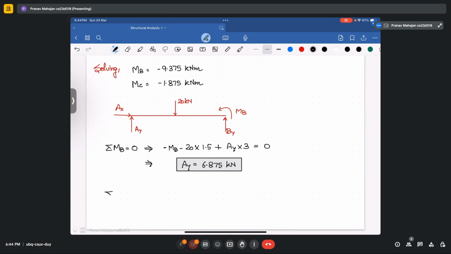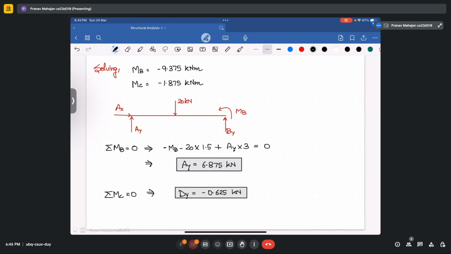Now if you take summation of moment about C equal to 0, you will get dy equal to minus 0.625 kilonewton meter. Alternatively, you can also determine dy using summation of y equal to 0.